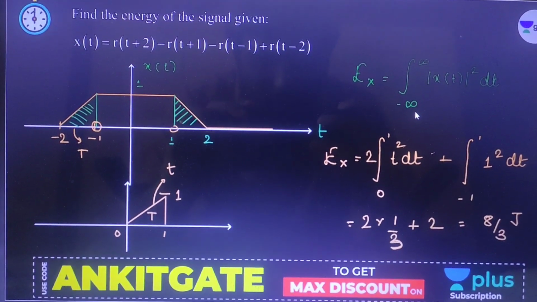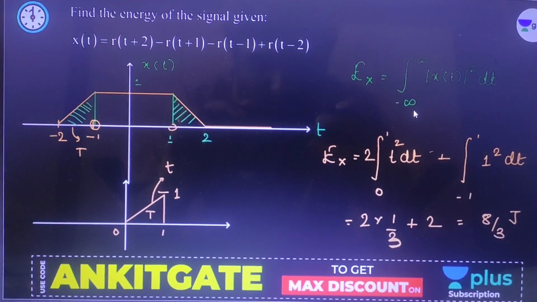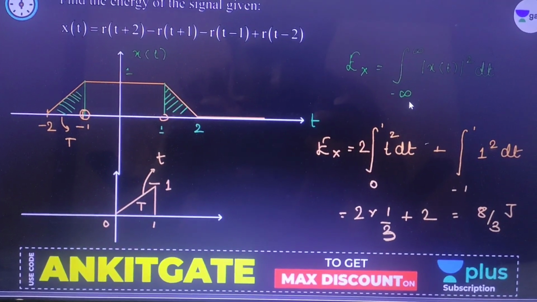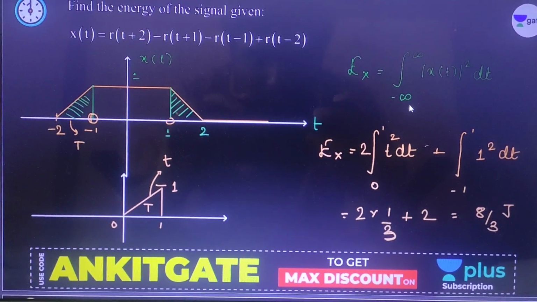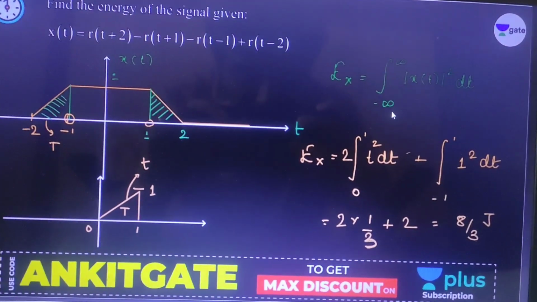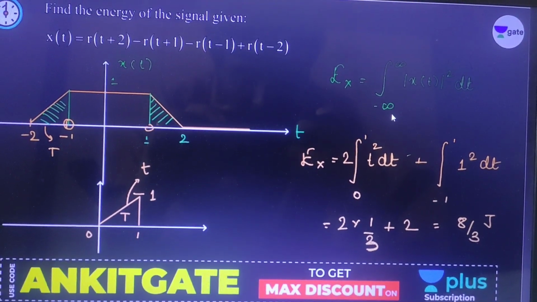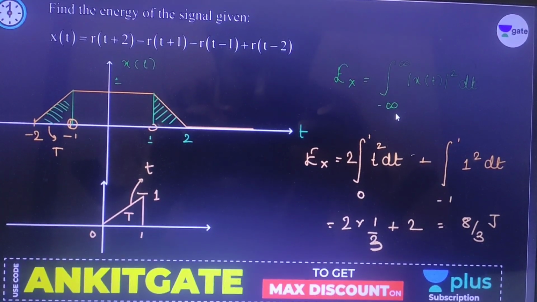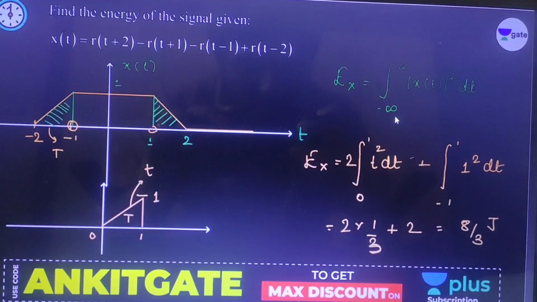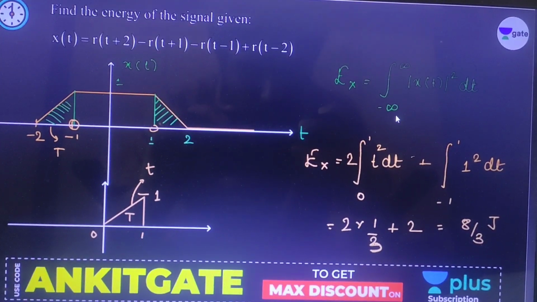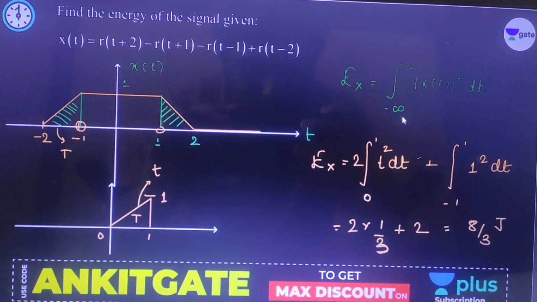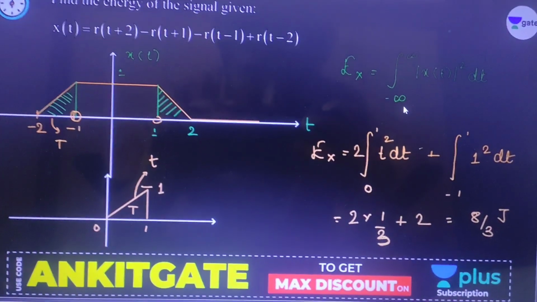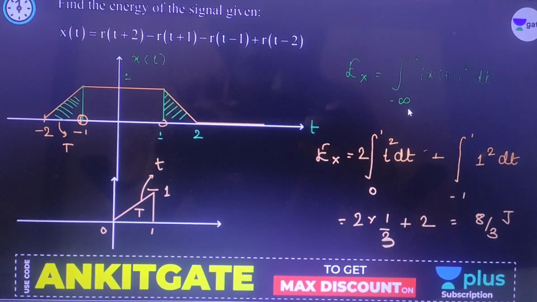So the energy, you can write it as 2 times the area of one triangle, that is 2 times integral 0 to 1 of x square into dt, where x is 1 by 1 into t, which is the slope, plus integral from minus 1 to 1 of 1 square into dt. You will get it as 8 by 3 joules.